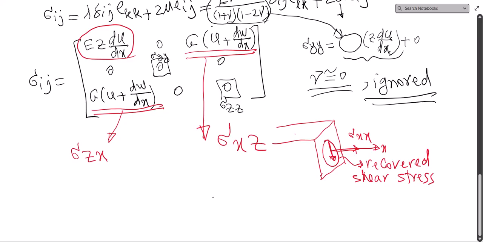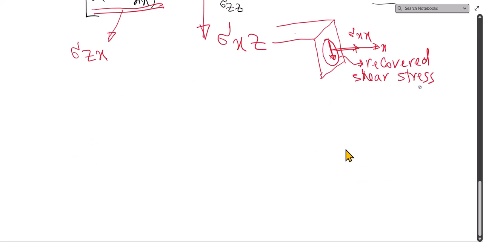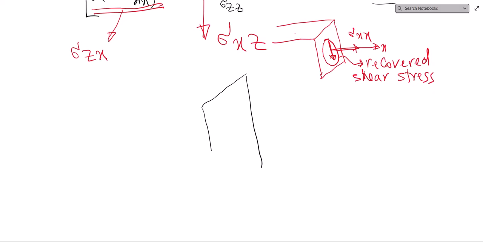and maybe I do it here again. This is a very important conclusion from Timoshenko beam theory, that yes, we improved, we got some shear stress, but look what we got. We got something that gives us a shear stress, let's call it tau, which is not a function of z.